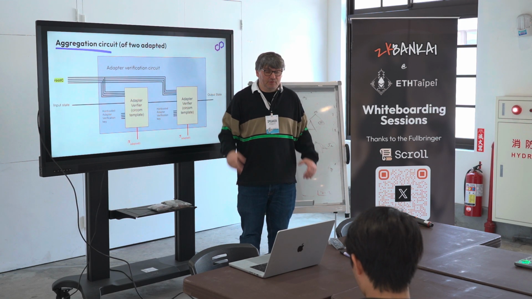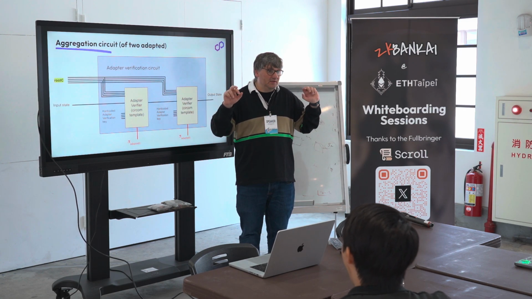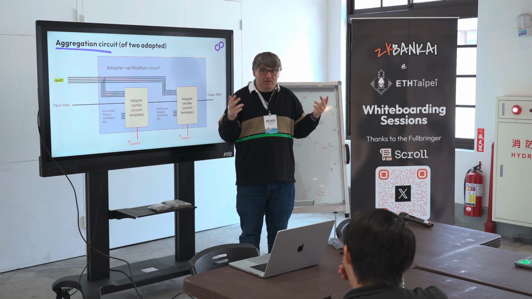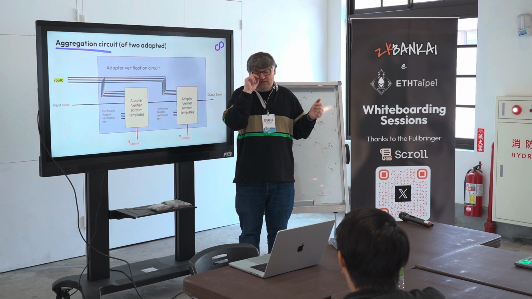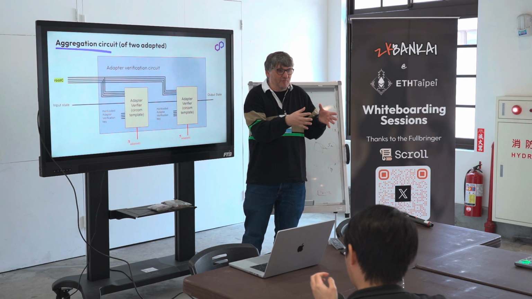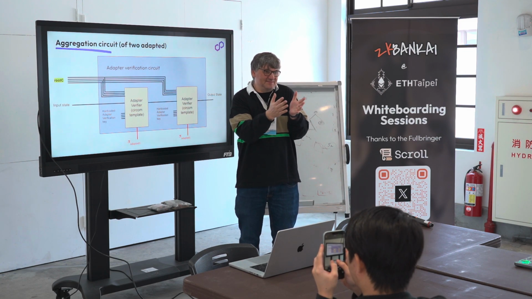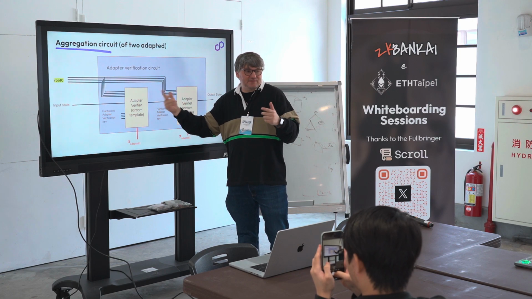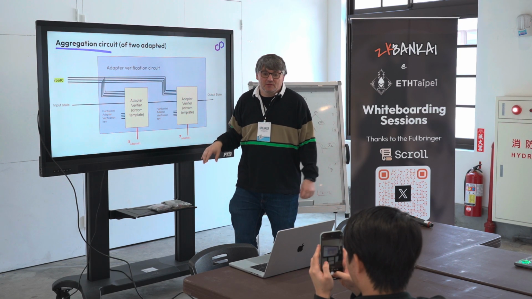So this circuit would verify two basic batches. With the proof of the batch, you need to generate the proof of the adapter. But it's a single proof, and then you can verify this adapter with these two ones.